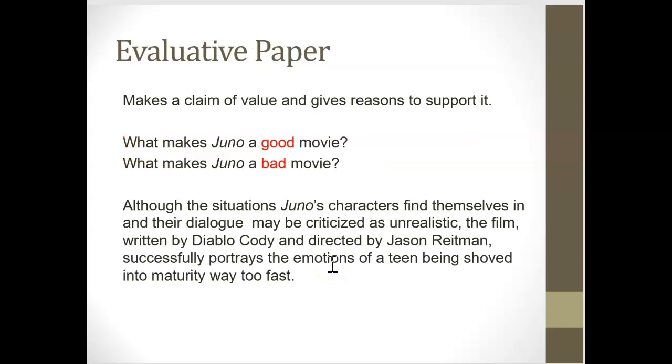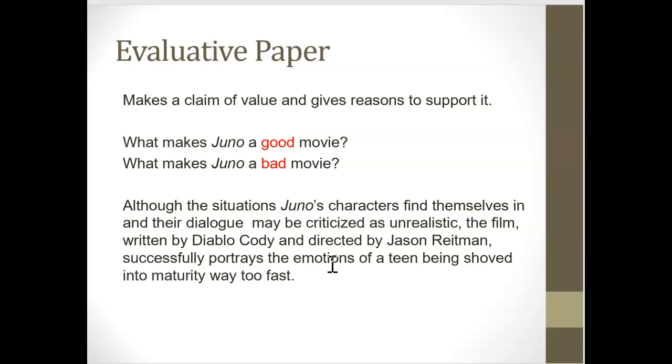Now, an evaluative paper then makes a claim of value, gives reasons to support it. So next week, we'll take a look at a sample essay about the motion picture Juno. And so if you're writing about a movie, one what makes question is what makes Juno a good movie, or what makes Juno a bad movie.